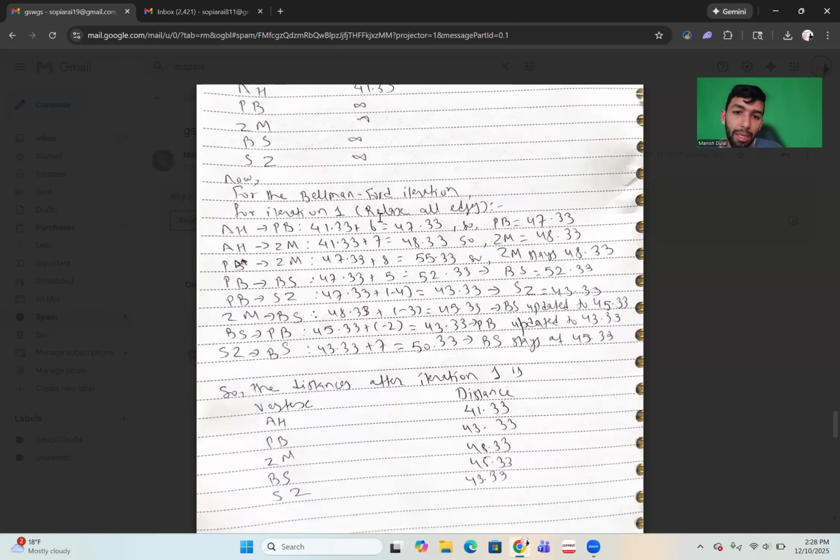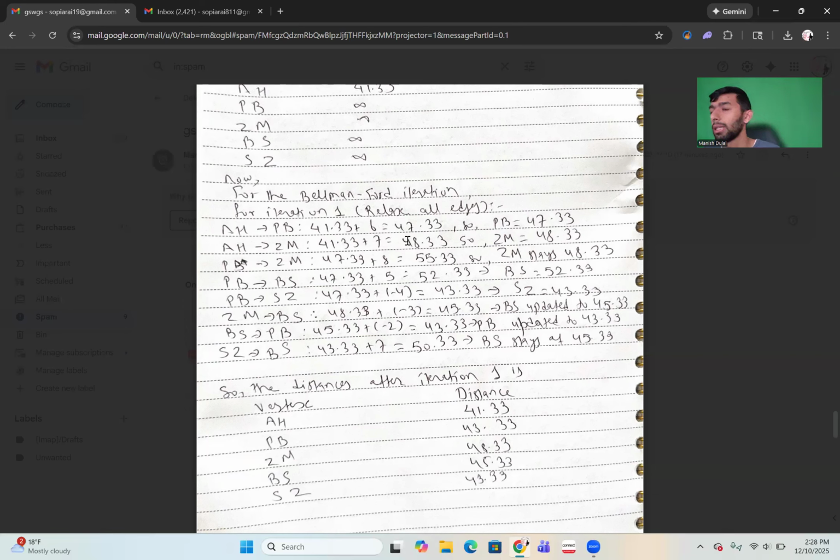And for the Bellman-Ford iterations, our task says distances update after each iteration. So I think we did iteration up to 3 or 4 or something. We started by initializing distance with the energy level and everything else.